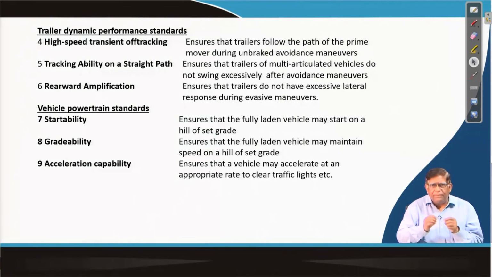They will have to follow the same alignment, while at the same time maneuvering and negotiating curves properly. So, the design part and the operating part need to be compatible. That is your tracking ability on straight paths and rearward amplification.